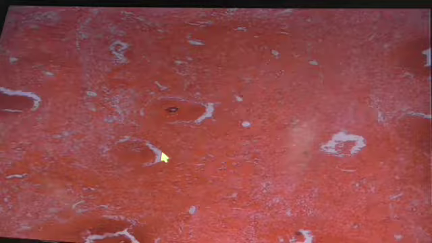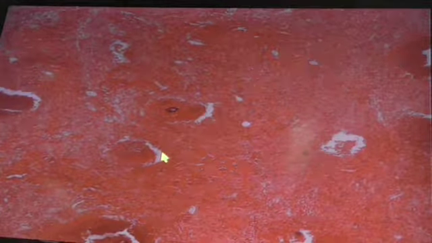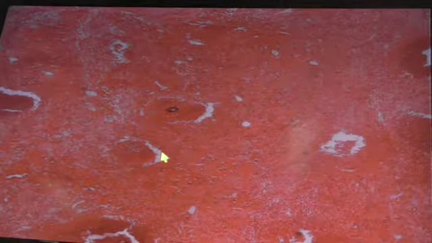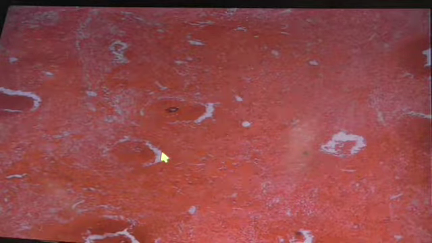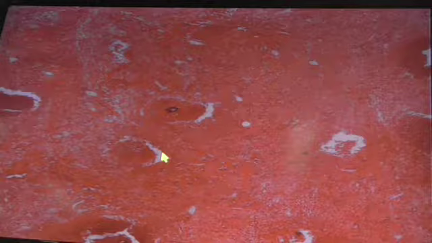What's the predominant inflammatory cell present there? You told me earlier. What's the morphologic diagnosis? So what are the predominant inflammatory cells present? Neutrophils and what? Macrophages and epithelioid cells.